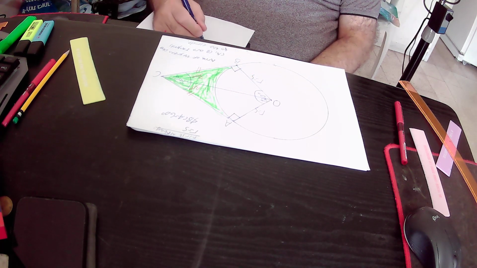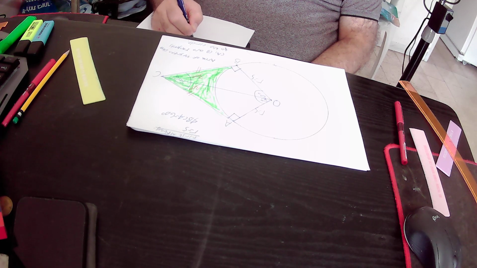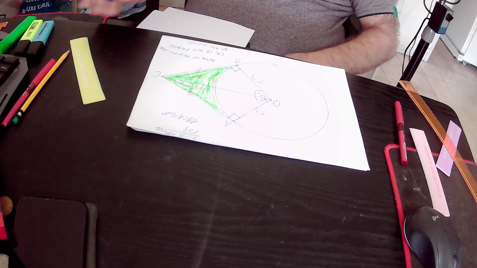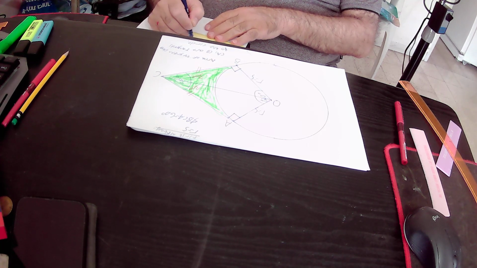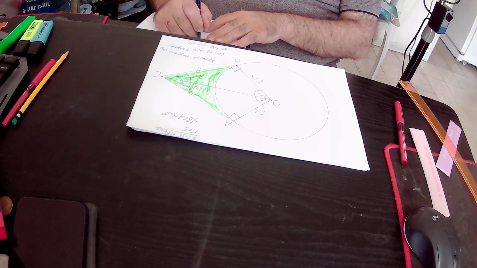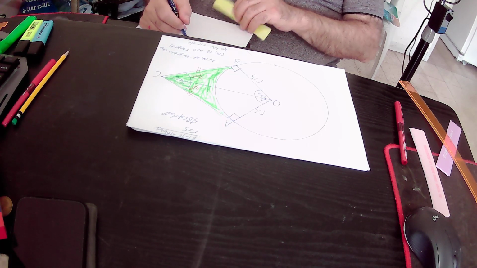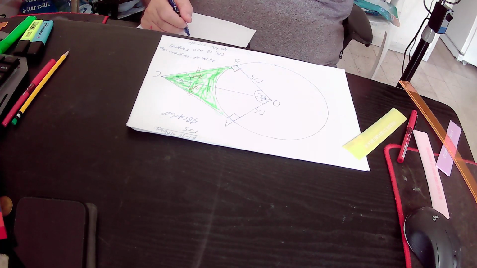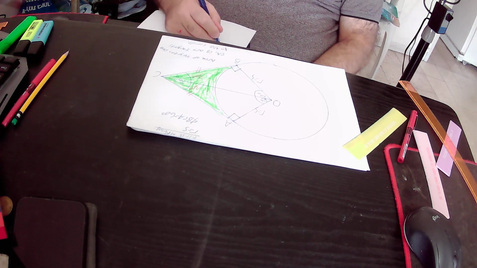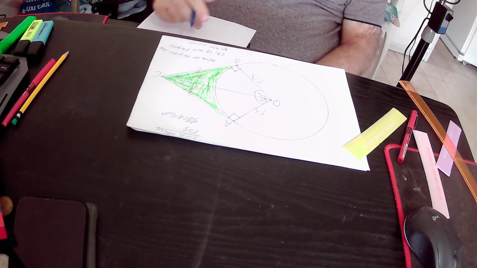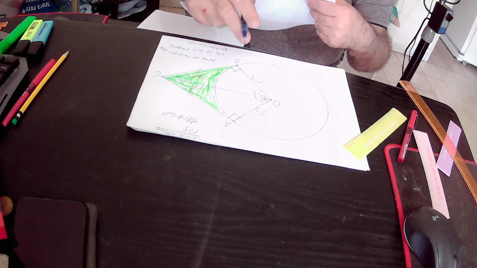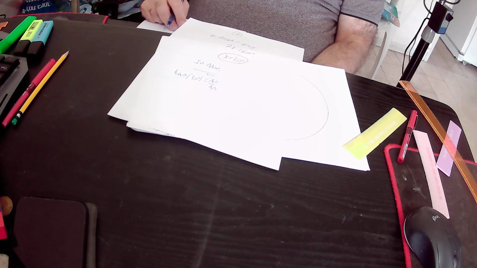In the right triangle AOC, we know that tangent 30 degrees equals AO over AC.